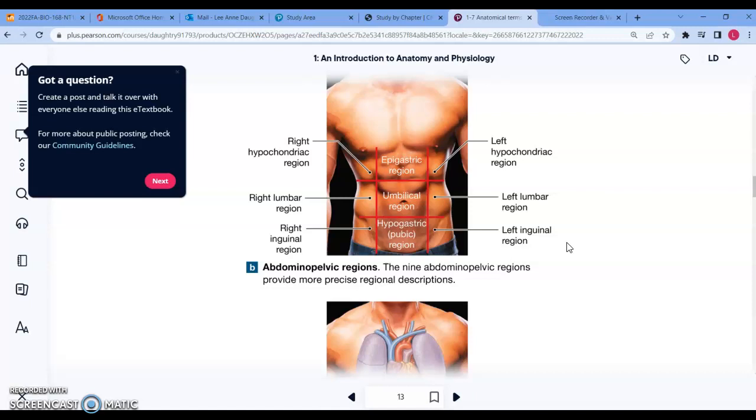And we can't use superficial and deep because the regions are just areas of the surface, basically. So it doesn't make sense to use those terms. But anyway, that covers some of the directional terms and some of the abdominopelvic regions. Those were some of the types of questions that you guys were missing a little bit more often.